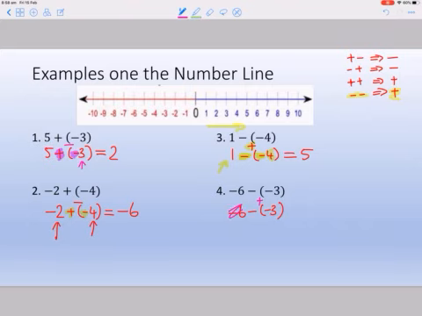Oh, I'm starting at, I thought I was doing something different. Minus 6. So let's go to minus 6 and let's do a dot. Maybe a red dot will be better. There. And we're adding how much? 3. 1, 2, 3. Our answer is minus 3 because that's the number there.